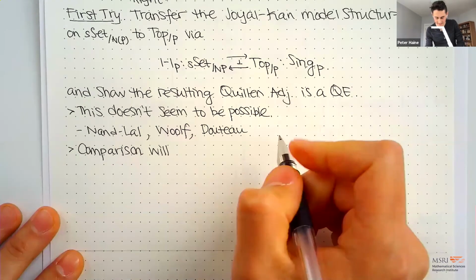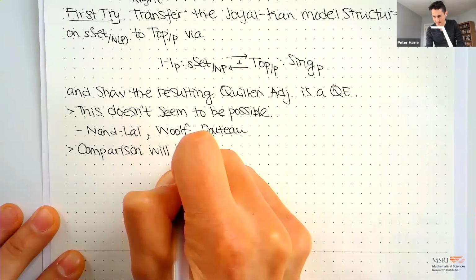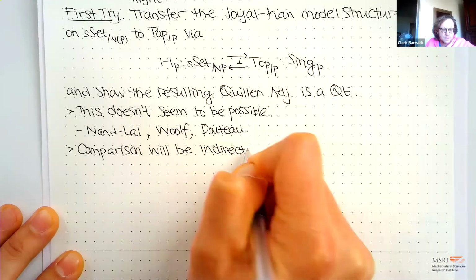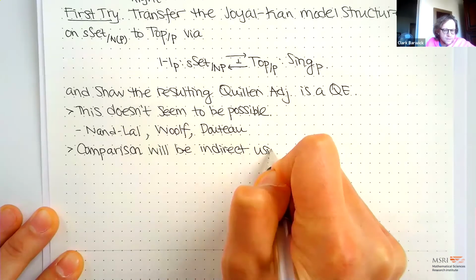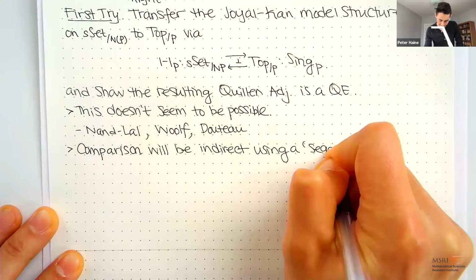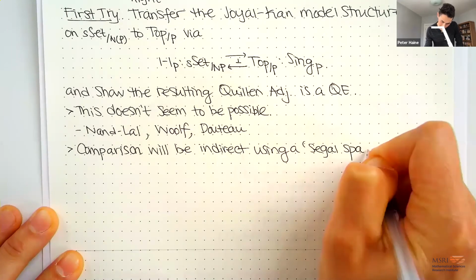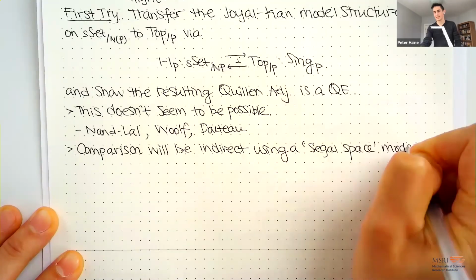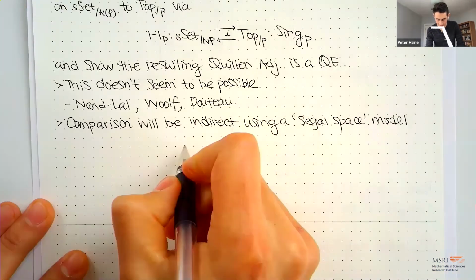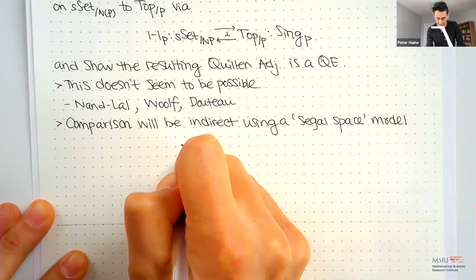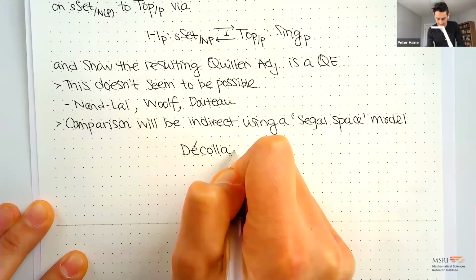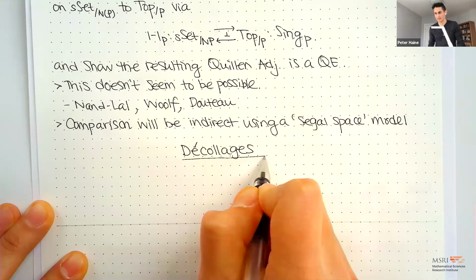So the comparison will be indirect, using what you might call a Segal space model. This is the thing that David was mentioning before. This is what we call décollages, meaning ungluings.